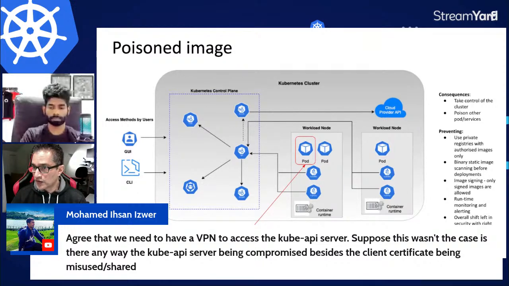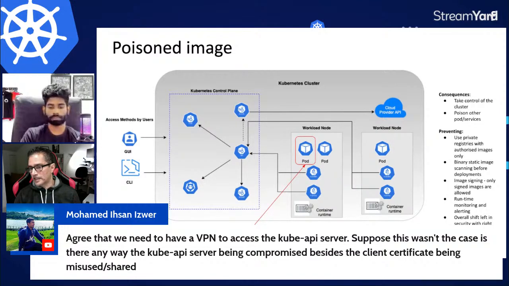If those weren't shared, the only thing I could think of is a vulnerability within the Kube API server itself. For example, Kubernetes fixes a lot of vulnerabilities.